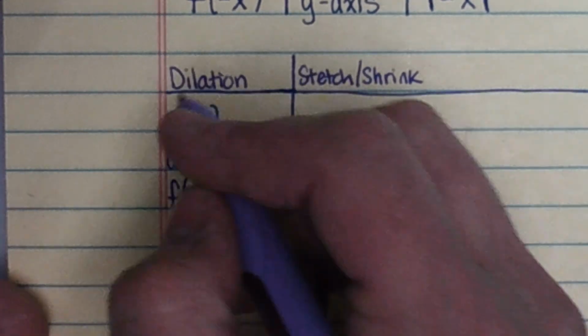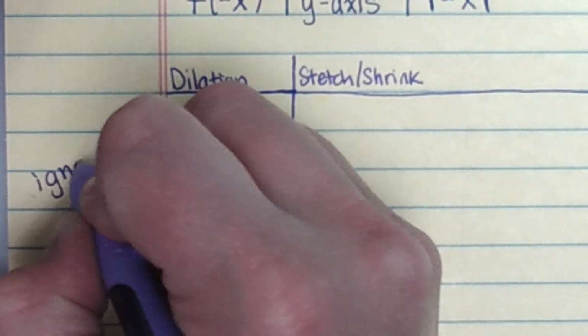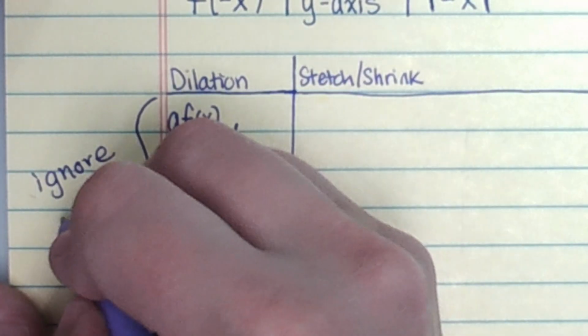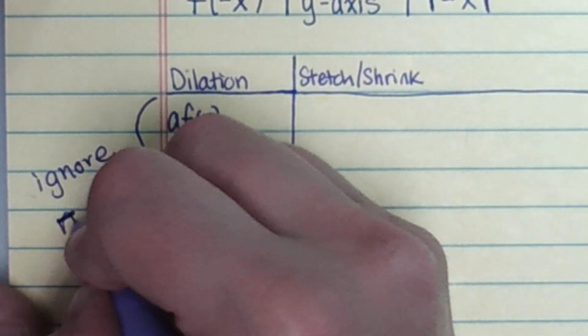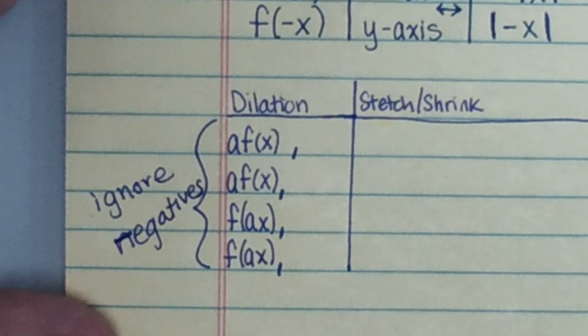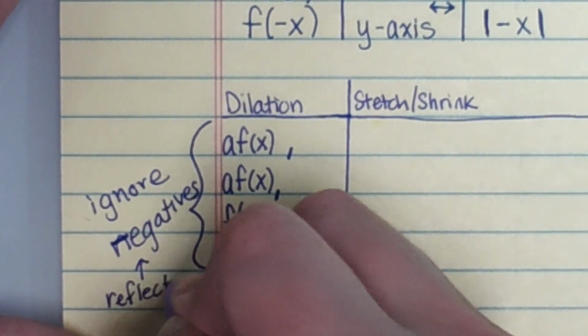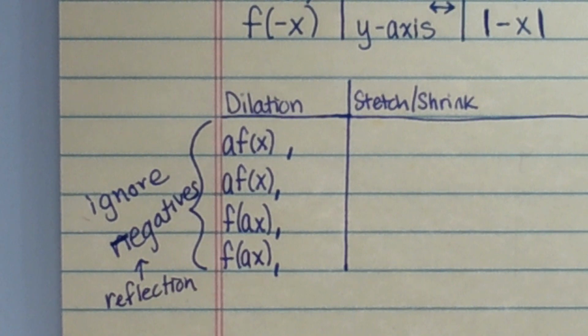When you're doing dilations, you ignore the negatives. You ignore the negatives because the negative aspect is just a reflection. If you see a negative getting put in front of something, a reflection occurred, not part of the dilation.